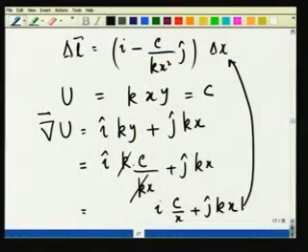And you can see if I take the dot product of delta L and gradient of U, it is going to be 0. I get c over x minus c over x, which is 0 at all the points, and that shows you that gradient of U is perpendicular to delta L. Let me show it much more explicitly.